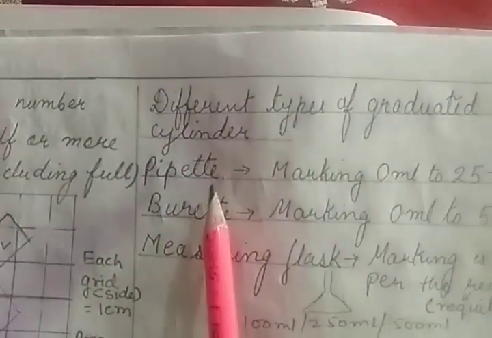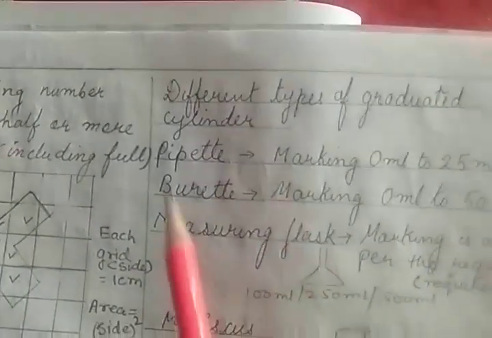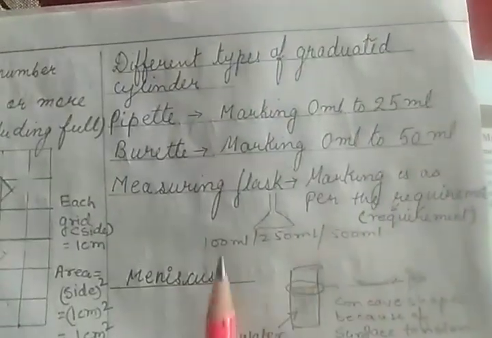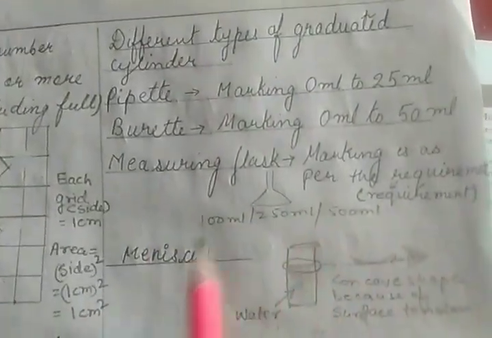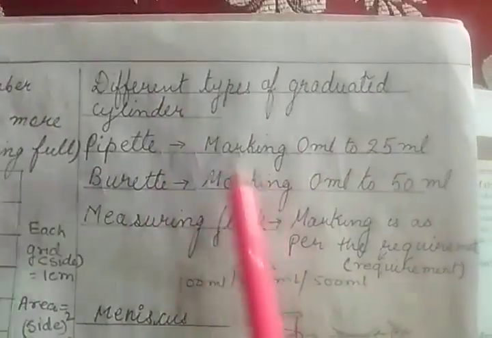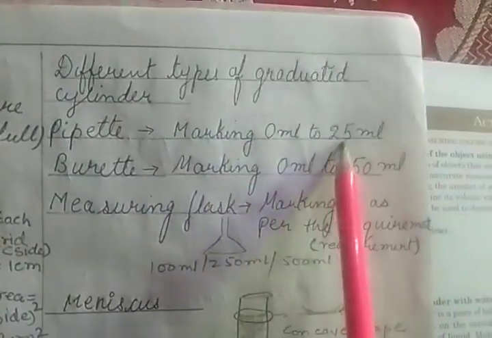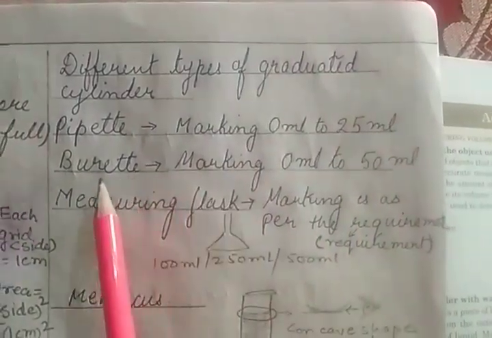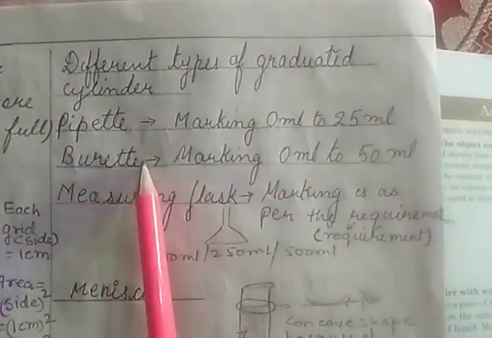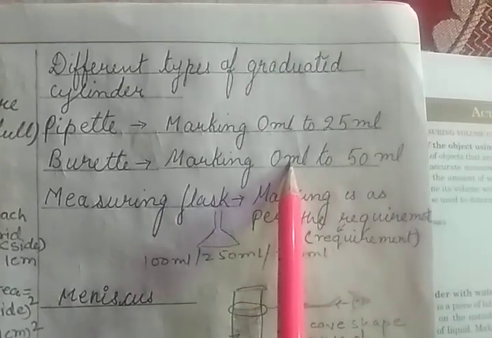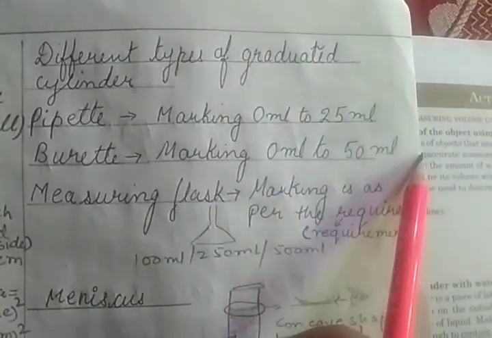This is a pipette, burette, measuring flask. All right. The first one has marking from 0 ml to 25 ml. The second one has marking from 0 ml to 50 ml.